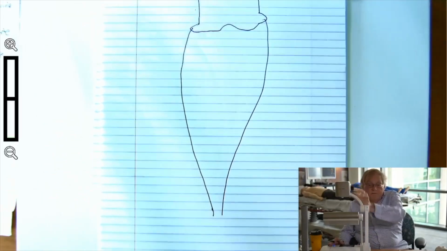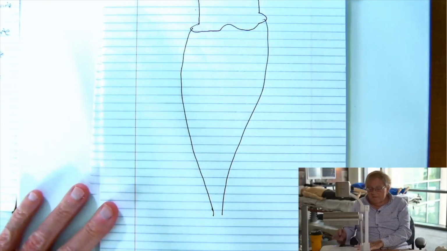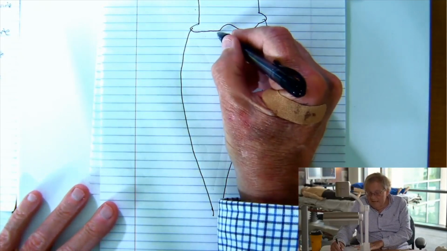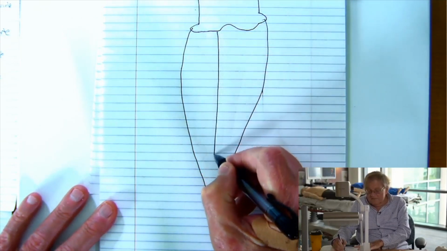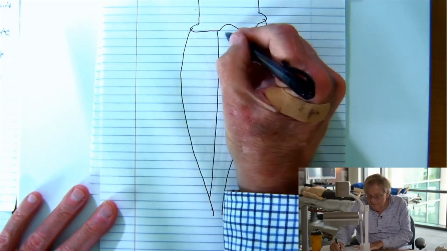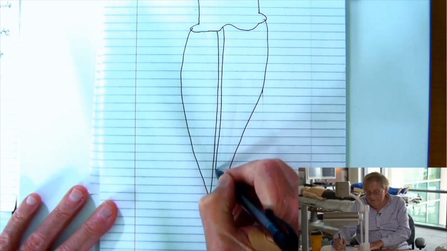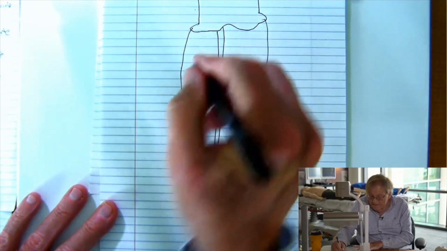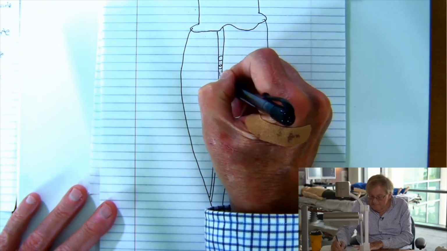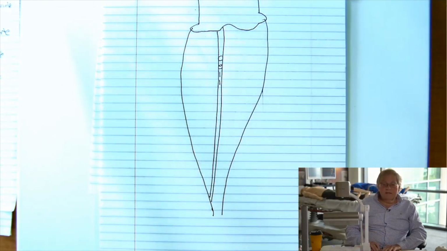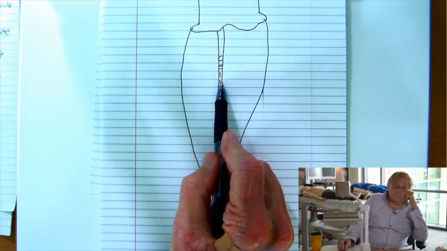I'm drawing a little bit thicker than normal so you can see the big picture. So I know that inside of this muscle called the gastrocnemius are going to be cells. This is larger than life, but this is a muscle cell. So in the middle there is a cell, or a myocyte, or a fiber.